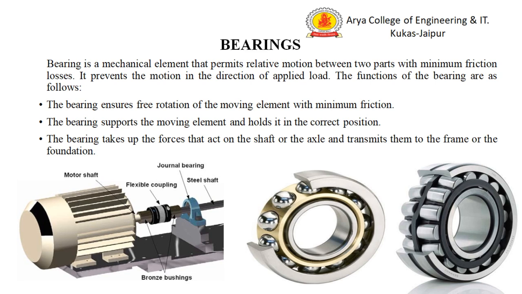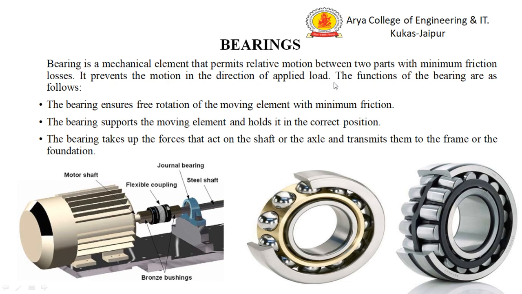I think all of you know about the bearing. Bearing is basically a mechanical element that permits the relative motion between two parts with the minimum friction. It also prevents the motion in the direction of the applied load.